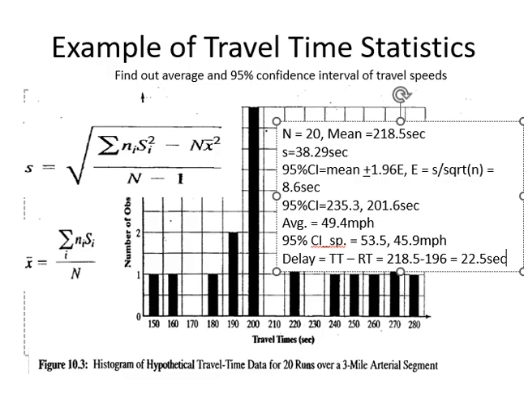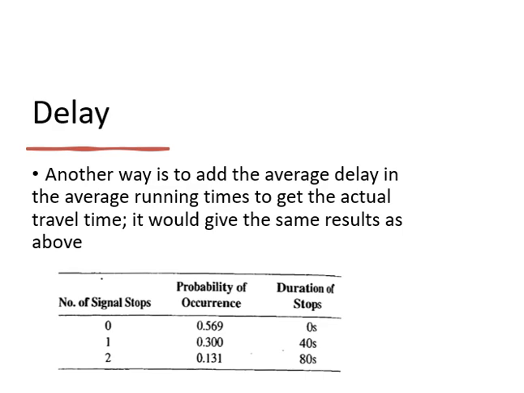Any questions? Okay. Now this is another method of calculating the delay using chance, because delay is something random. It's not fixed that every car in the stream will have the same amount of delay.